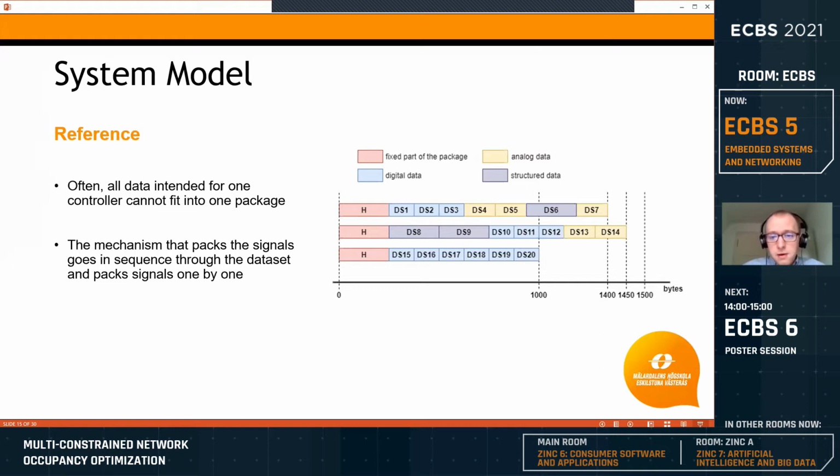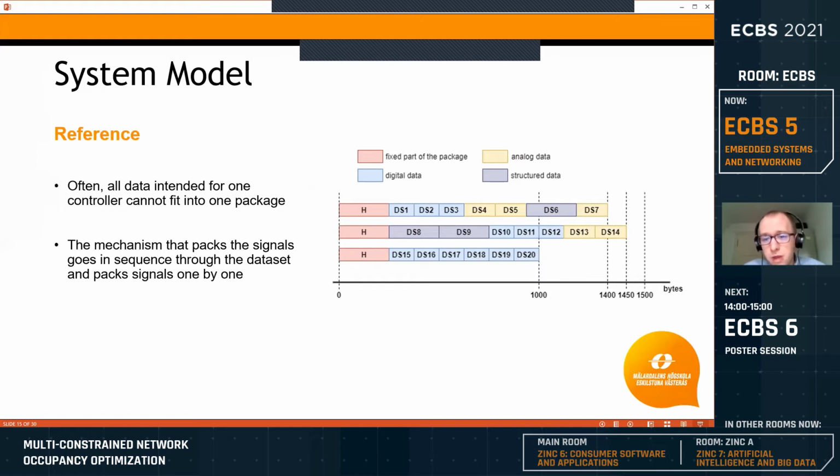Here we can see how one data set can be packed by the naive approach that we took, because we didn't have any reference case to compare with. We had to create our own. So we took, I would say, some variation of next fit. As we have one data set, we go from the first to the last signal in that data set, and we just put them into the packets one by one.